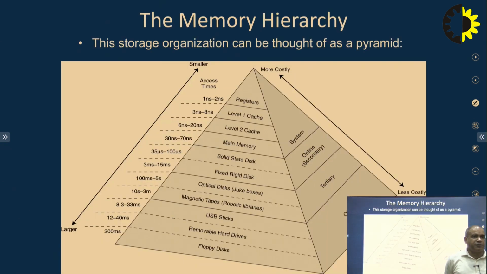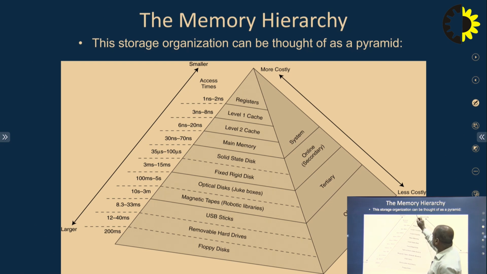Next, if I talk about the memory hierarchy, that is the most important and most asked question in examinations. The storage organization can be thought of as a pyramid, going from smaller storage to larger storage, or from most costly to less costly, and from lower storage to higher storage.